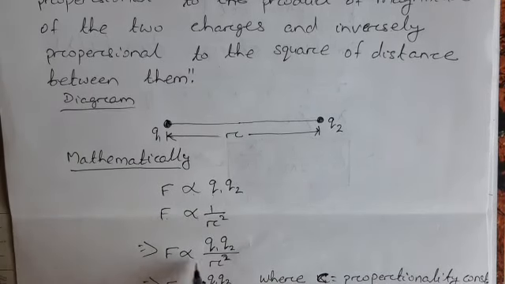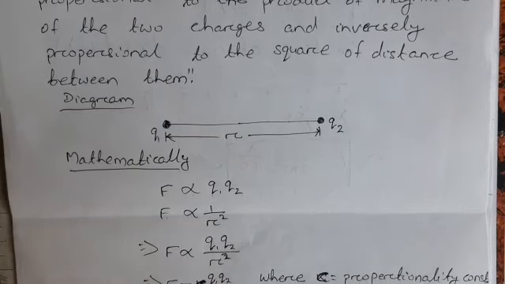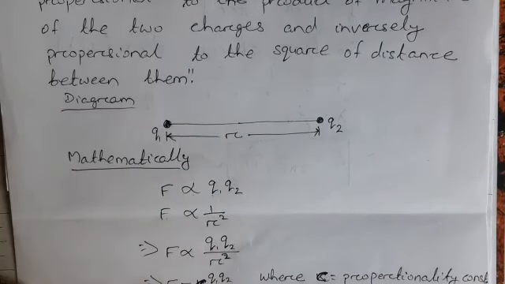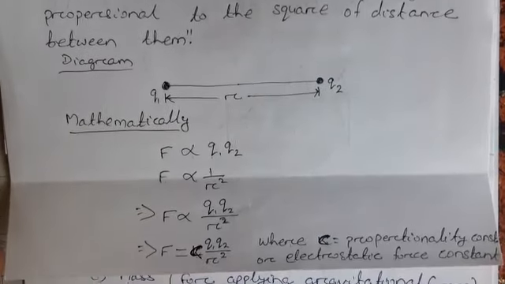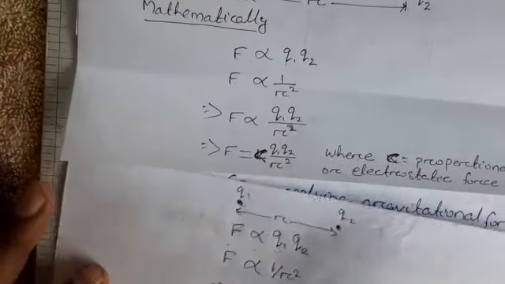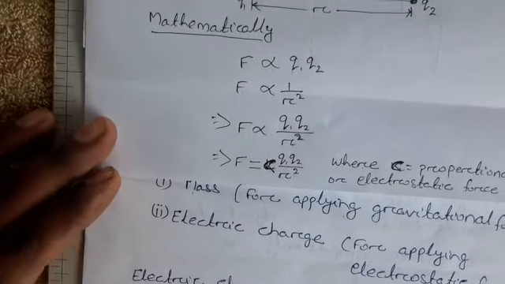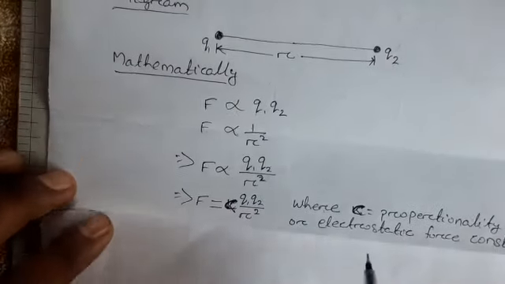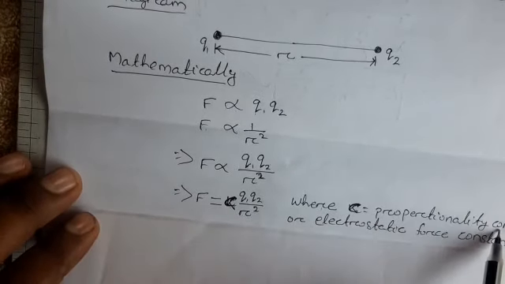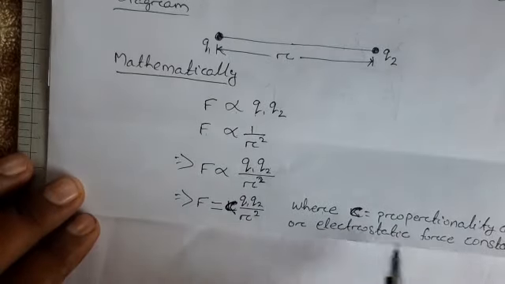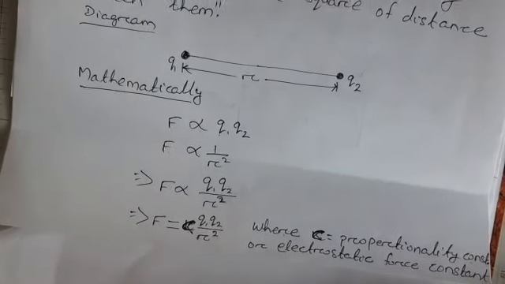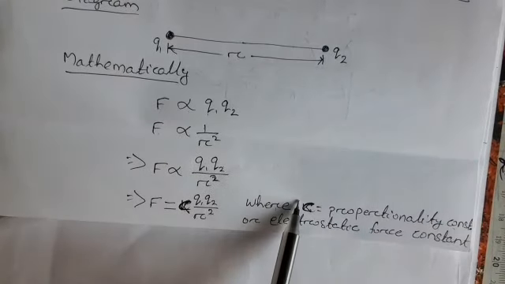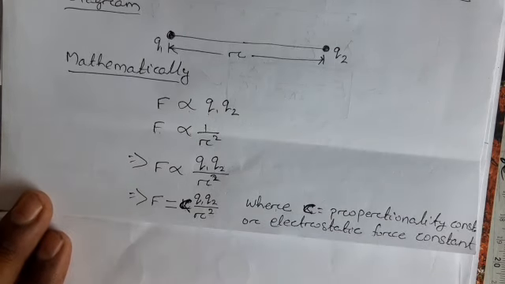Then F is proportional to Q1 Q2 by R square, so F equal to C Q1 Q2 by R square, where C is the proportionality constant, or electrostatic force constant. This is Coulomb's law.